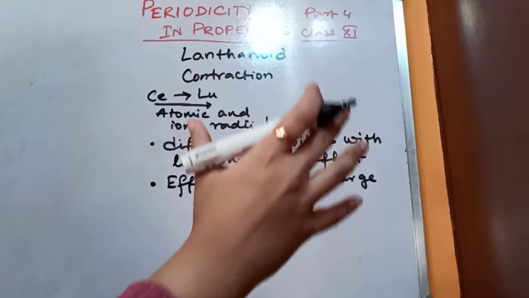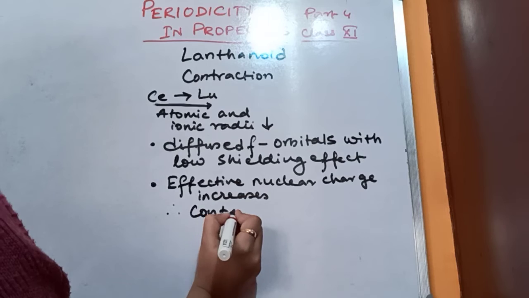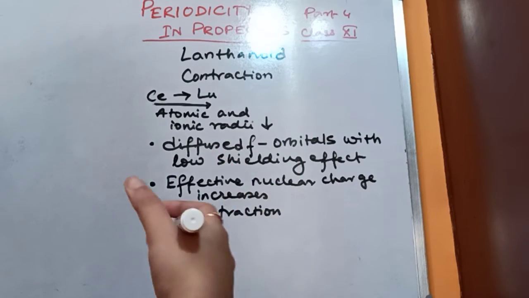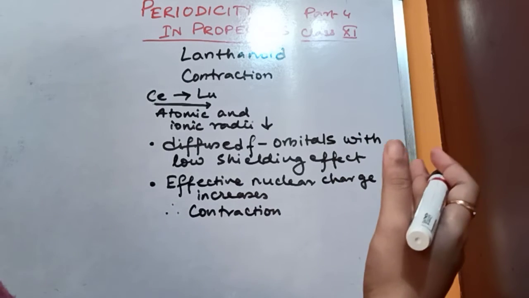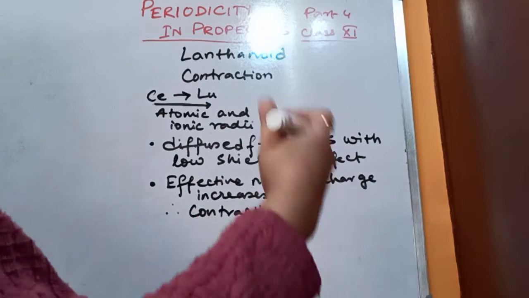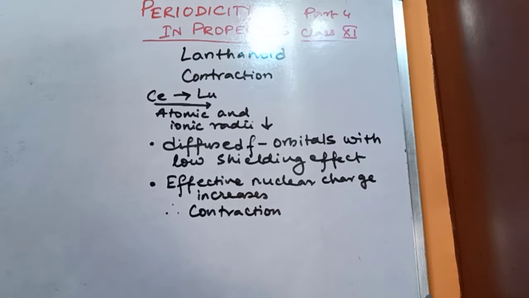As a result, the contraction occurs. And we know that as the atomic number increases, the nuclear charge increases. So with increase in atomic number, the nuclear charge increases more and more, and therefore the contraction occurs. Okay, so this is lanthanoid contraction.